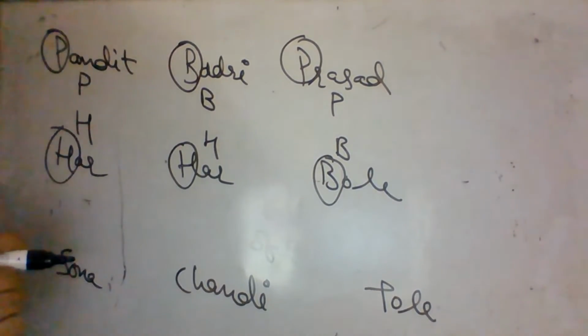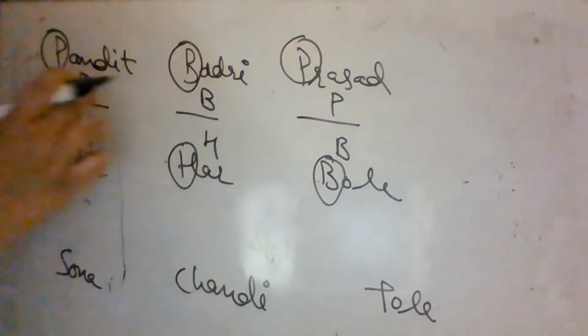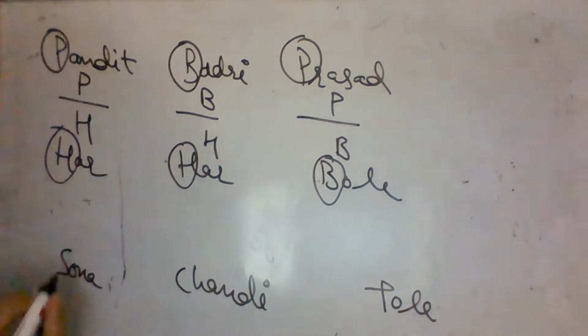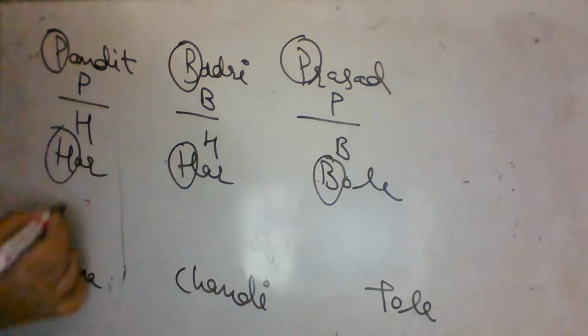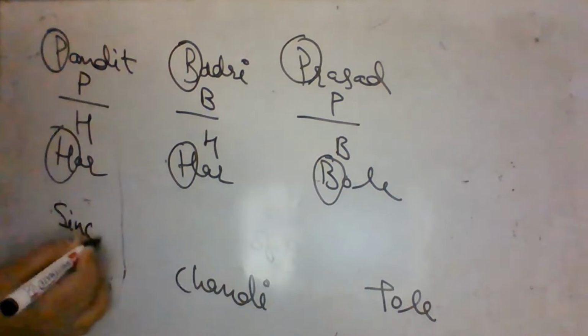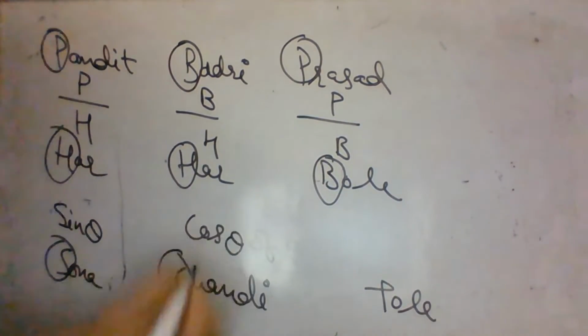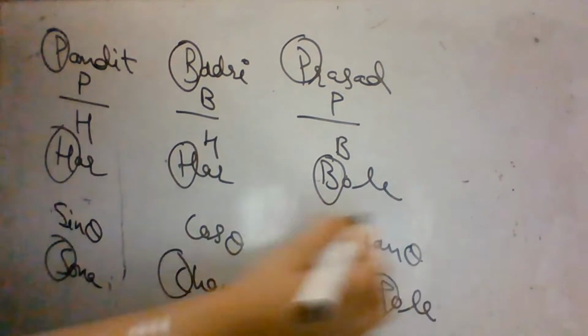Now what I'm going to do, I'm making them the ratios. So we have P by H, B by H, and P by B. Now what to do with these Sona Chandi tole? So this is nothing but the ratio sine theta. This is nothing but the ratio cos theta. And this is nothing but tan theta.